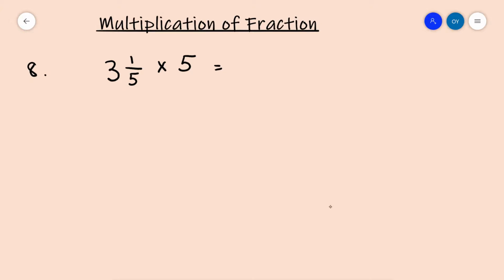Question number 8. So we are multiplying a mixed fraction with a whole number. So we convert the mixed number to improper fraction. So 5 times 3 is 15 plus 1, 16. So we have 16 over 5 multiplied by 5 over 1. Please note that 5 can be written as 5 over 1.